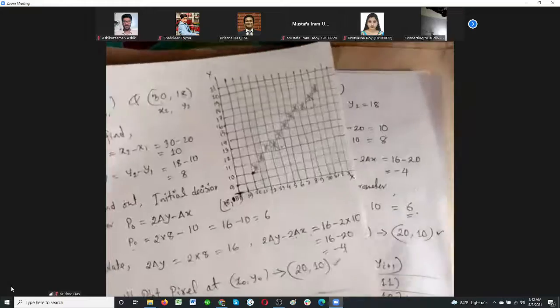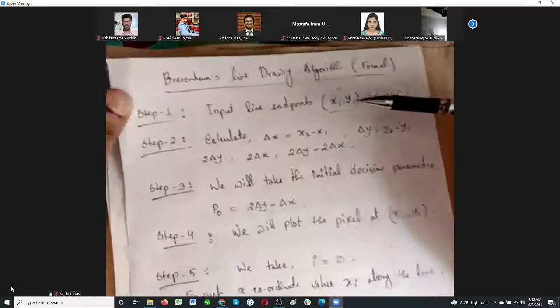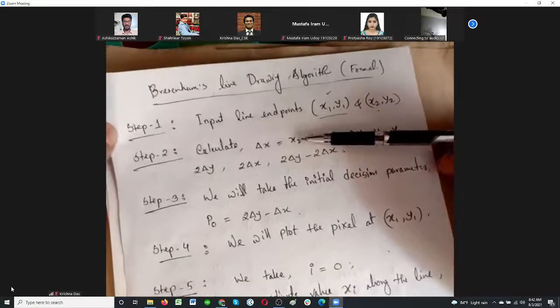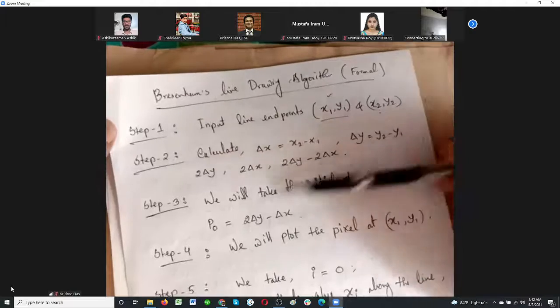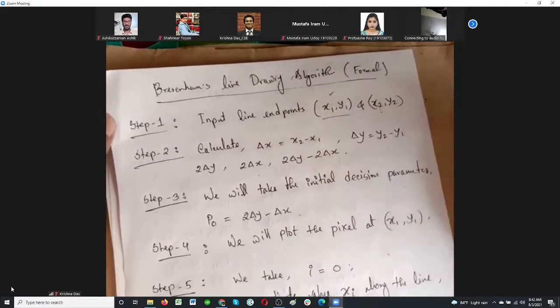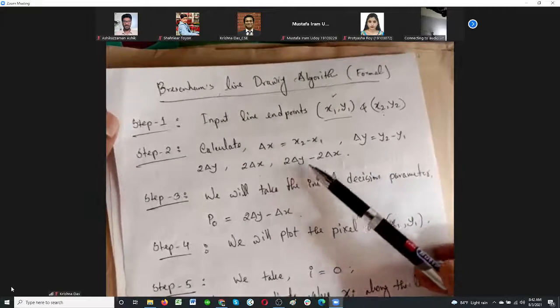If we check the algorithm, then we are coming to the example there. We take the input for the two endpoints, then we calculate del x and del y, and some subsequent necessary calculations of the values that we can directly use in the algorithm formula. That's why we do it.